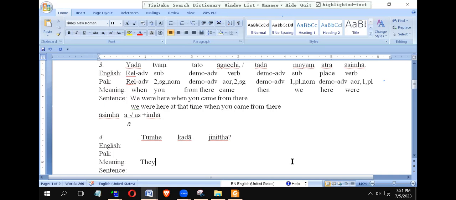Kada is when. Okay, the meaning is when, all right? Wait, tumhe is what? Not they. Tumhe is you all. Okay.